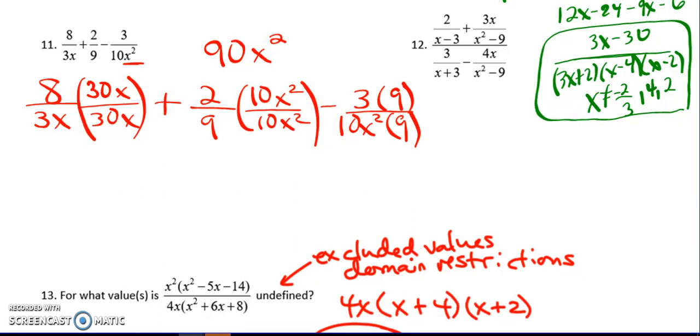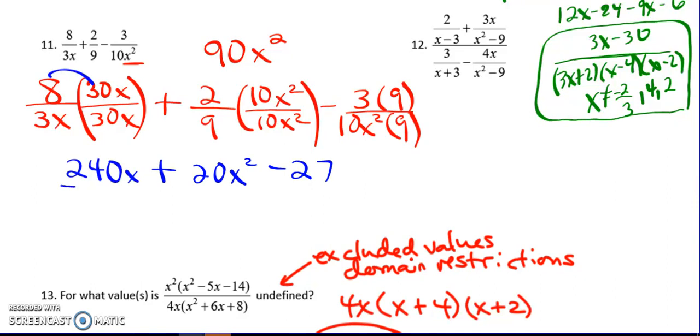All right. Combining like terms, distributing, 8 times 30 is 240, and that's x, plus 20x squared, minus 27, all over 90x squared. If you want to make it nice and pretty and reorder it, that's fine, in terms of the top, but don't worry about trying to factor that.